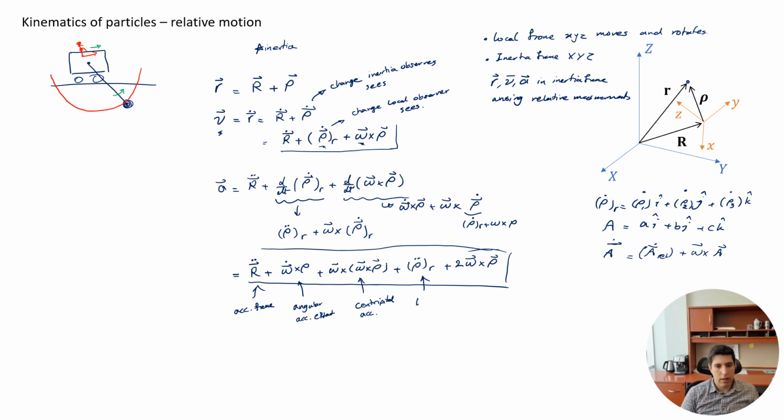The local or relative acceleration is what the local observer sees, and this one is called Coriolis acceleration, which is a combined effect of this.